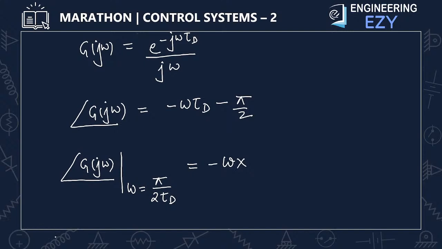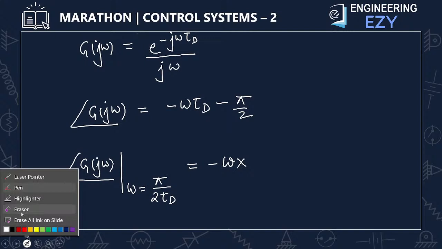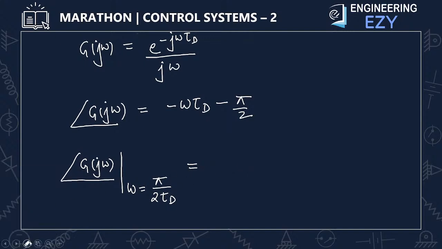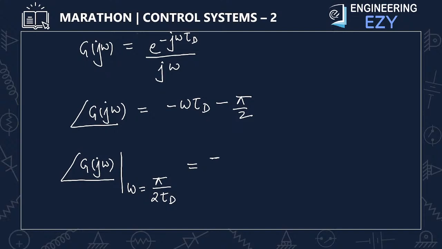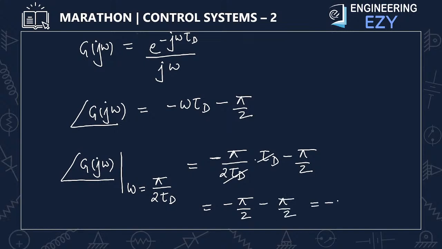Omega can be written as pi by 2 tau d, so it is minus pi upon 2 tau d multiplied by tau d minus pi by 2. Tau d cancelled out. So it would be minus pi by 2 minus pi by 2. So the correct answer is minus pi or minus 180.